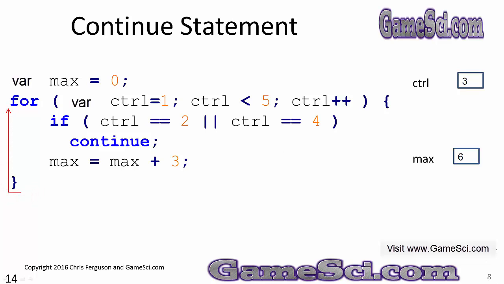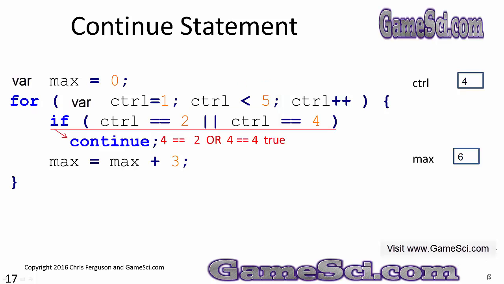When we spin back up to the for statement, the first thing we do is update the control variable. The control variable, ctrl, is now 4. 4 < 5, however, is a true statement. As a true statement, it's time to execute the for block. So we're going to go inside the for statement to the if.